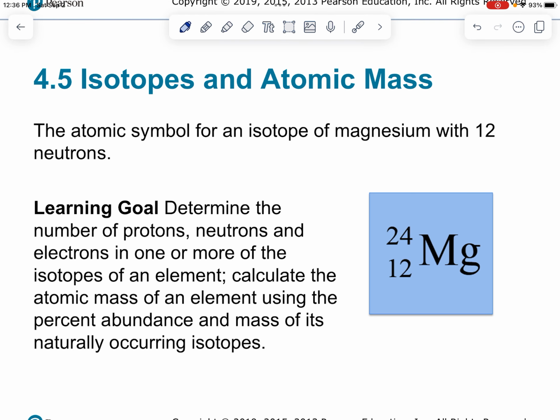This number is the atomic number, which is actually redundant, right? If we know that this is magnesium, we know that the atomic number is 12. And the number on top is the mass number, so that's going to be the number of neutrons plus the number of protons. And many elements have different naturally occurring isotopes.